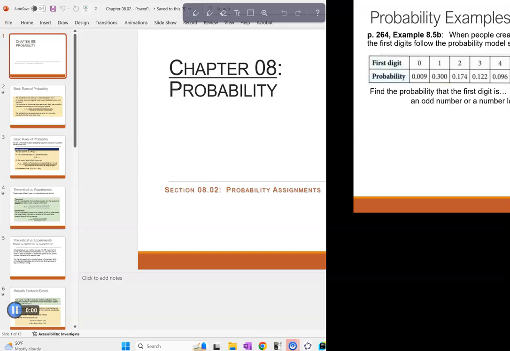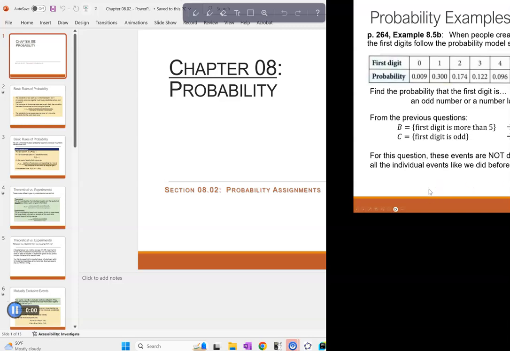The probability that we have an odd number or a number greater than 5. So we'll add up 1, 3, 5, 6, 7, 8, and 9. Those are the odd numbers along with the things that are greater than 5.